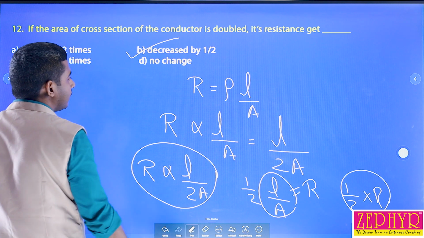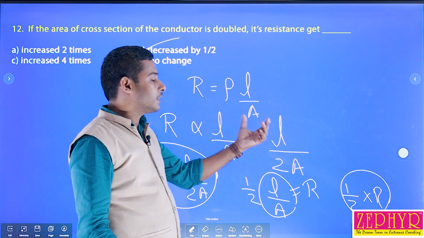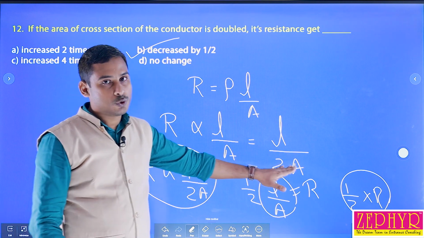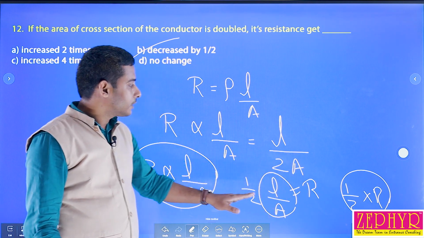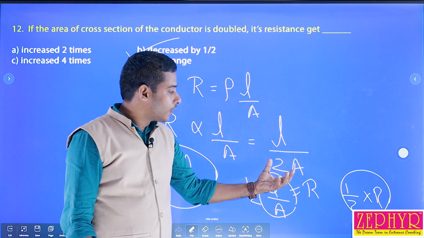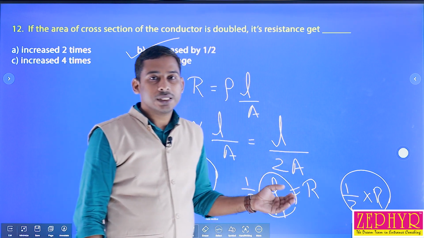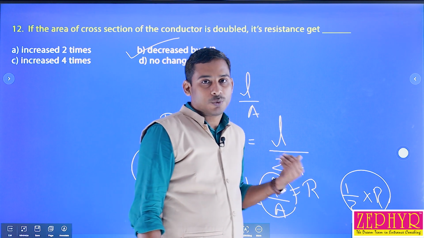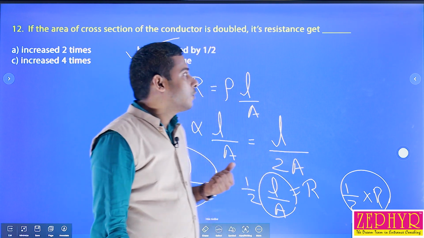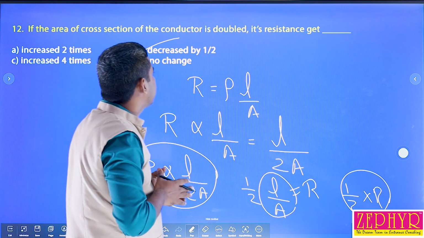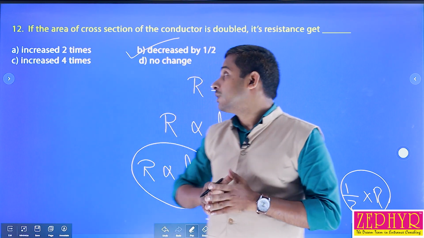That is the final answer. Once again I will explain, A changing into 2A means the whole resistance value will be 1 by 2 into R, that is R by 2. Am I right? So, the suitable answer is decreased by 1 by 2, or half.